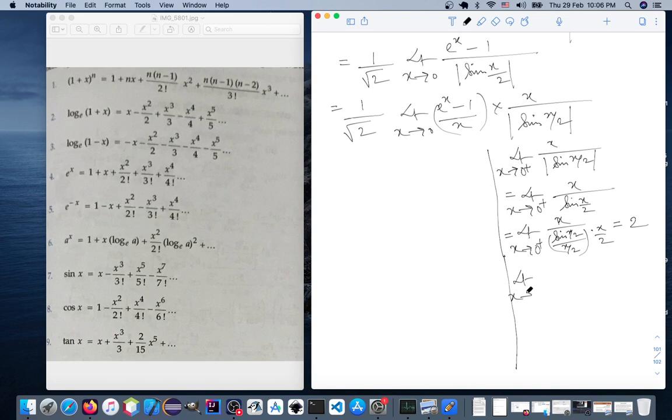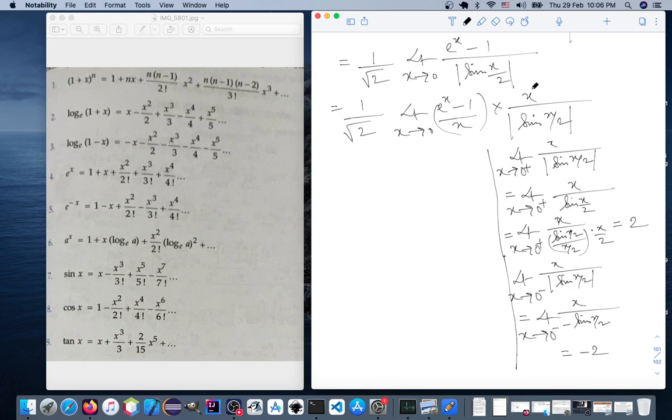Right, so this becomes 2, but for x tending to 0 minus, x by mod sine x by 2 is actually x by minus sine x by 2, and we can clearly understand that this will be minus 2.